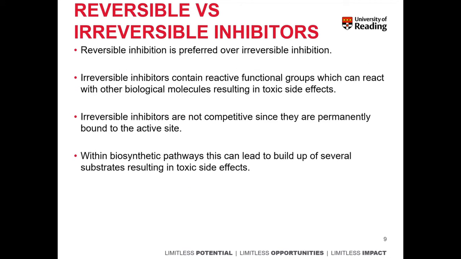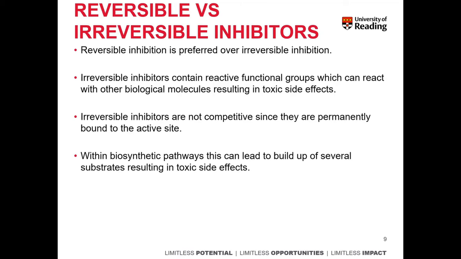Now, when we're looking at our options for inhibitors, reversible inhibitors are preferred over irreversible inhibitors. Now, the reasons for this is that firstly, irreversible inhibitors contain functional groups which can react with other biological molecules, and this can result in some really nasty toxic side effects.